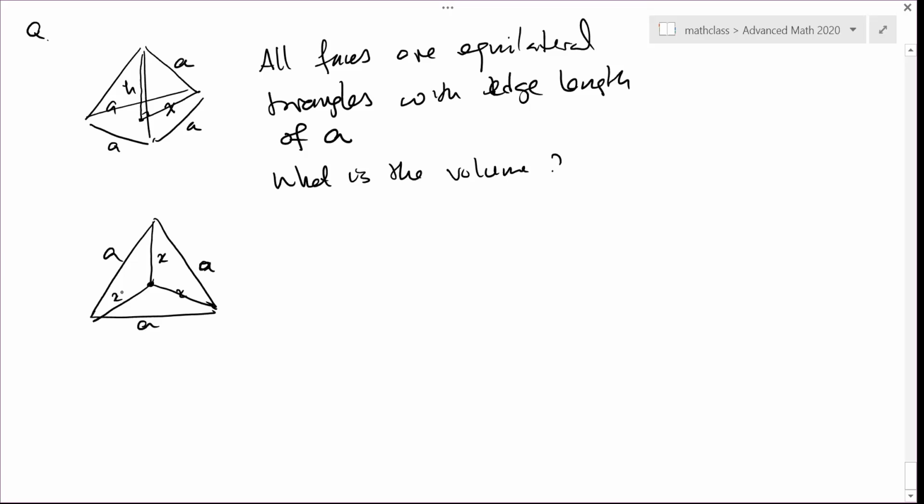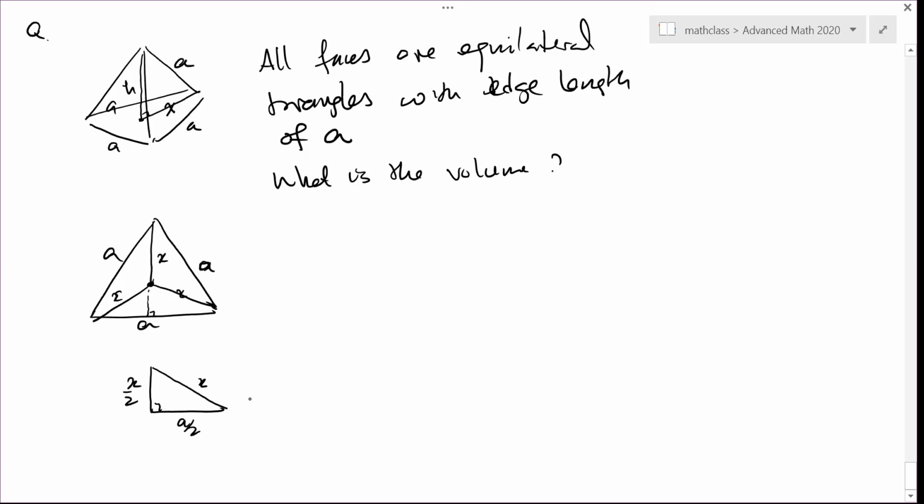Okay, how do we do that? Well, we can extend it. You get to write a triangle. And this is half of a, so this will be actually half of x.